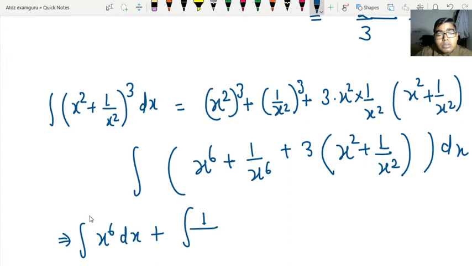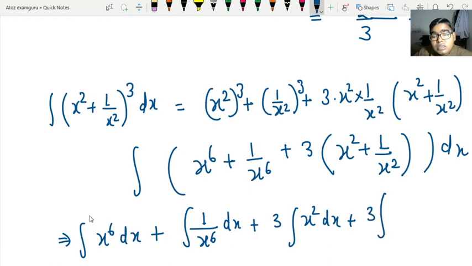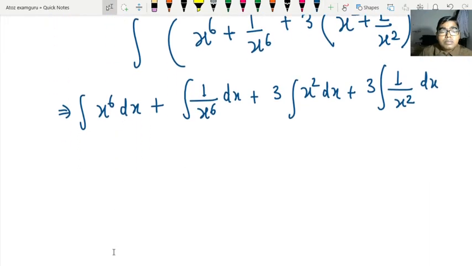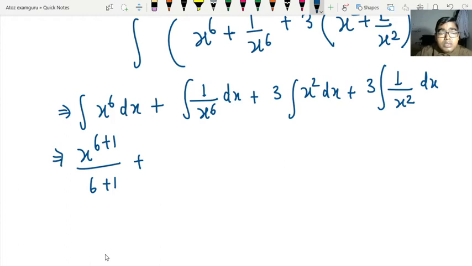Integration of this, so you can solve it as x to the power 6 plus 1, and this you can take it, yeah, power becomes negative.